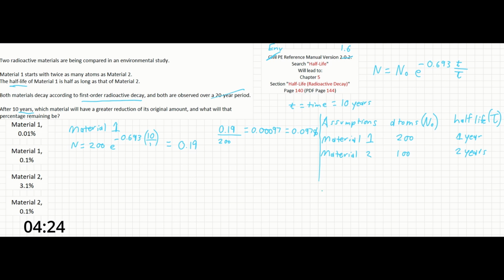For material 2, let's say that N equals an N sub 0 of 100 times e to the minus 0.693. Again, t will be 10, and our half-life will be 2 years.